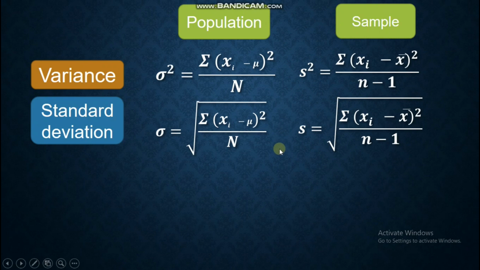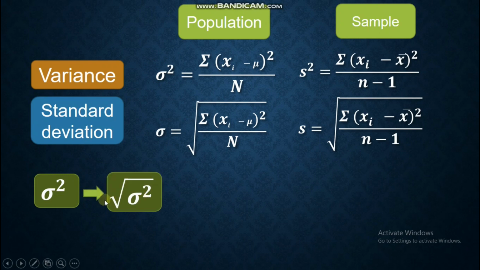What does this imply, or what is the relationship between variance and standard deviation? Given the variance, this is the variance, and you can see the variance is squared. So when you square root a variance, we have already the standard deviation.